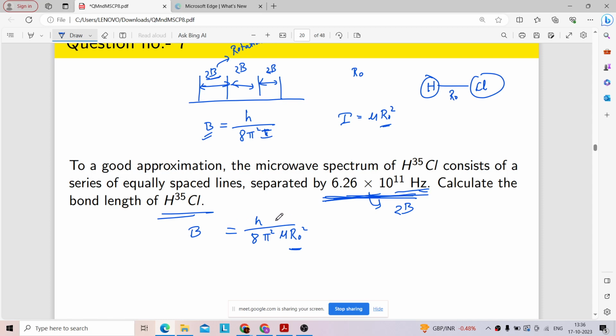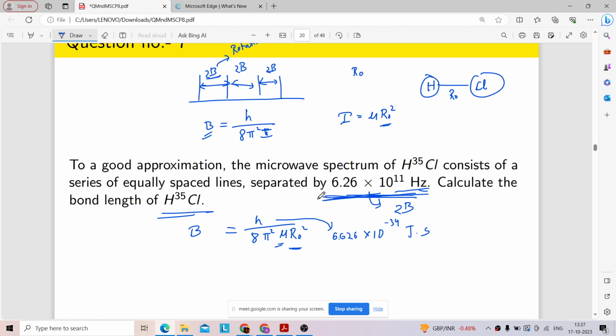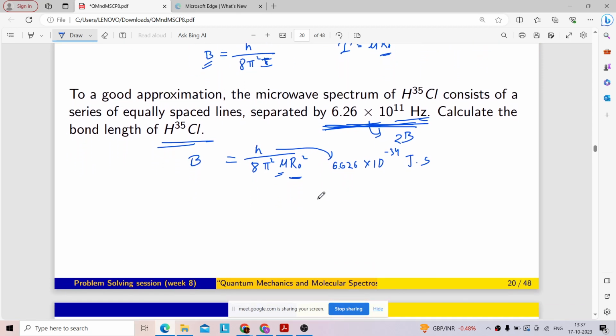So what is the value of h? This is 6.626 times 10 to the power minus 34 joule second. Mu we have to calculate. The molecule given is HCl, so mu will be 1 times 35 divided by 1 plus 35, so this is 35 divided by 36.